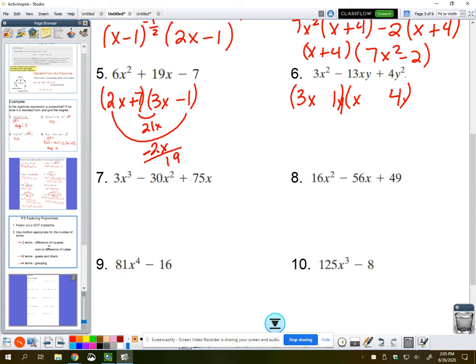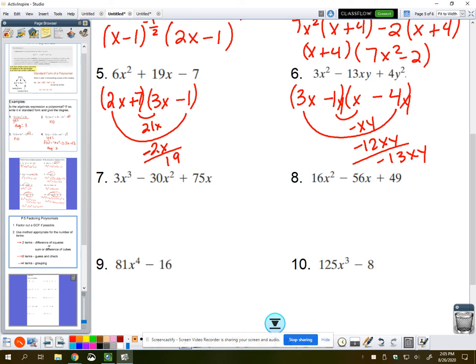They should have y's on them though. And then both of them negative, because that way I do get my plus 4y squared. But when I try to get the middle, I'm going to have negative 12xy minus 1xy, which does give me that middle term.